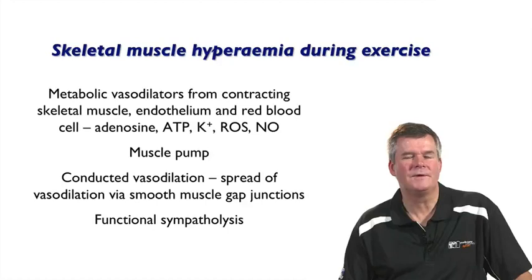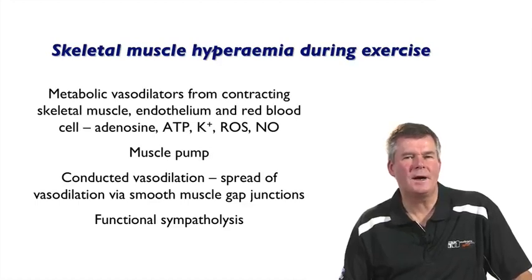And these include factors such as adenosine, ATP, both from muscle and from the red blood cell, potassium, reactive oxygen species, and nitric oxide from the endothelium have been implicated in relaxing vascular smooth muscle and facilitating the increase in skeletal muscle blood flow during exercise.